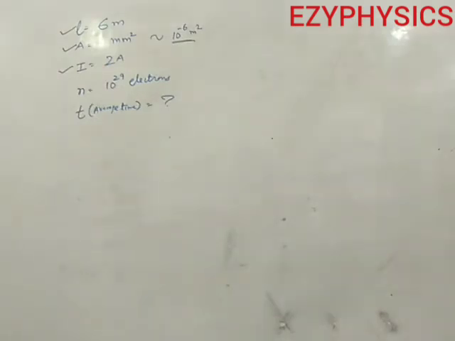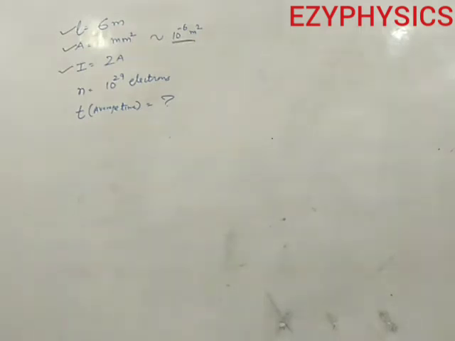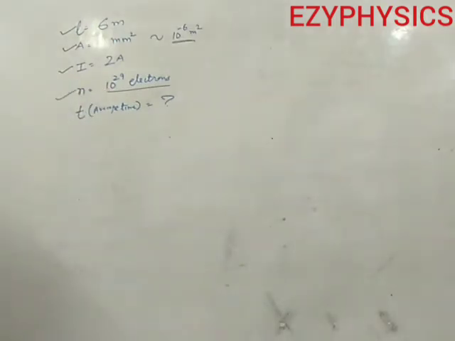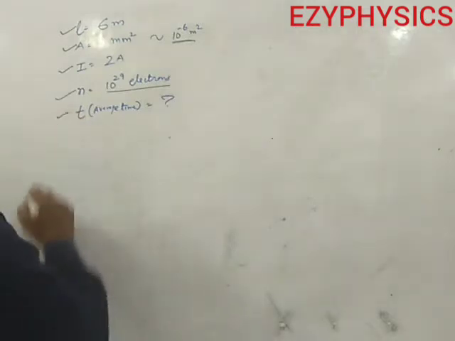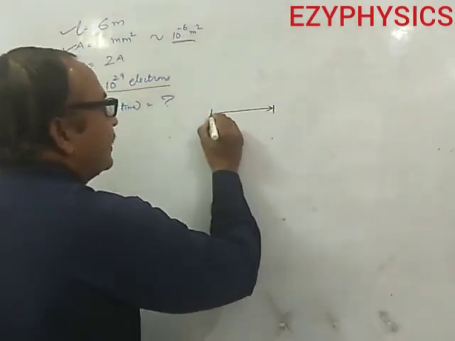If a unit cubic meter of the material of wire, unit cubic meter यानी जिसकी जो volume density है that is 1 meter cube, contains 10 raised to the power 29 electrons. That means this is n given to you. Find the average time taken by the electron to cross the entire length of wire.